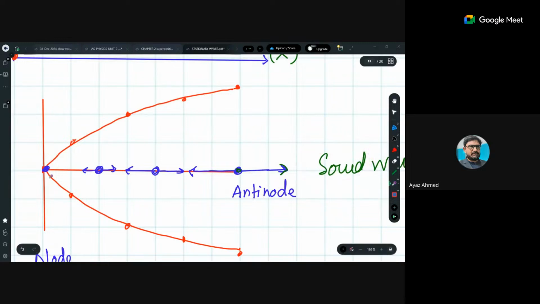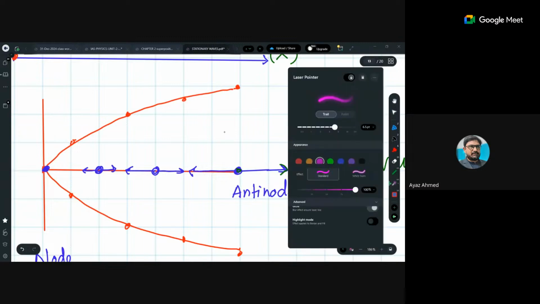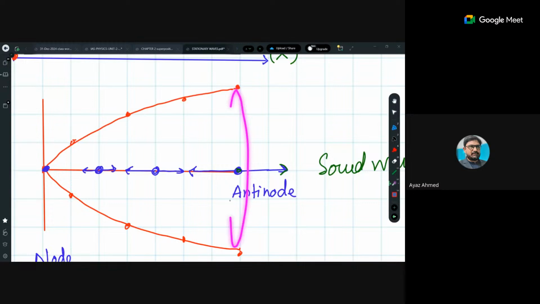It is parallel. So here particles have no displacement at all. Here the displacement is a little more, then it increases, and at this point the displacement is highest. That means this point is your antinode, right? Is this clear?